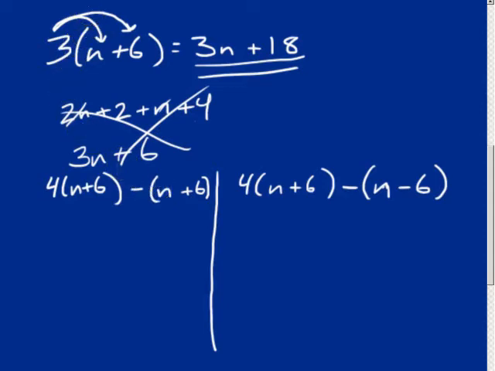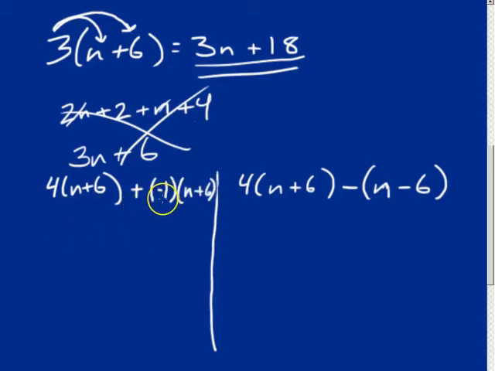First of all, you can imagine instead of me writing minus the quantity n plus 6, I could do plus negative 1 times the quantity n plus 6, okay?